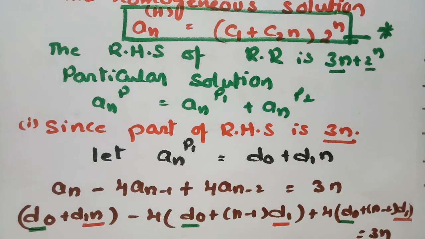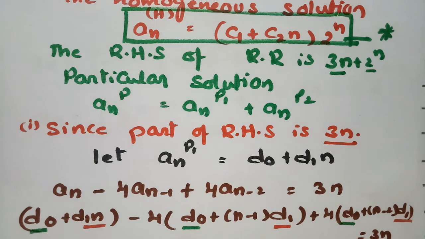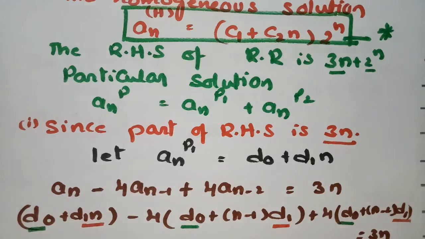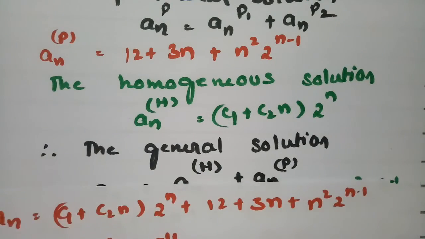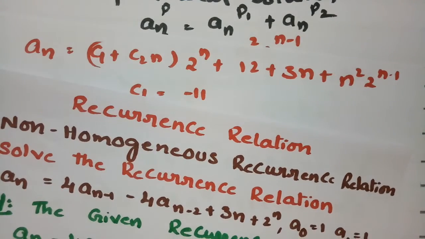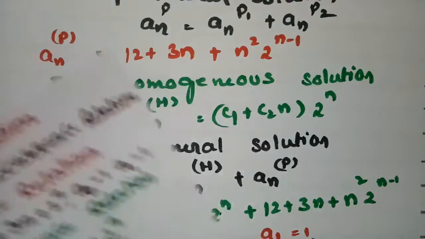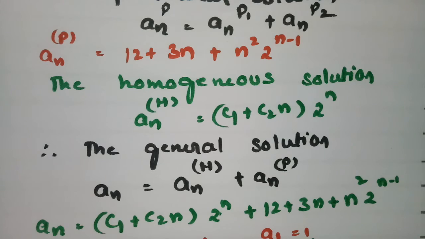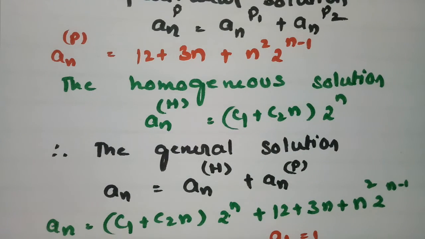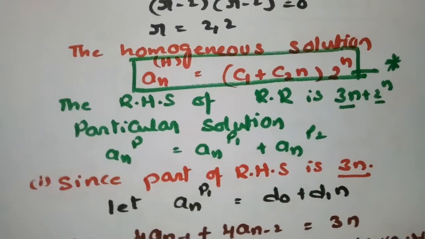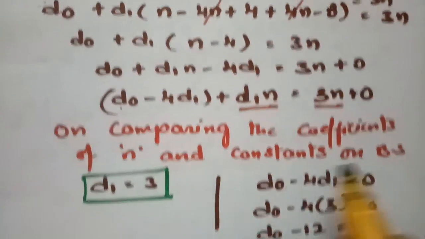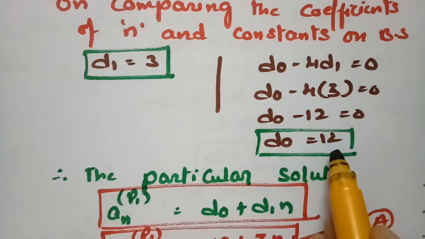If I substitute d0 plus d1n in this equation and solve, we got d1 as 3 and d0 as 12.